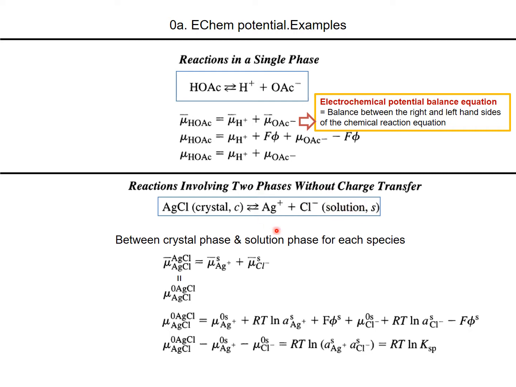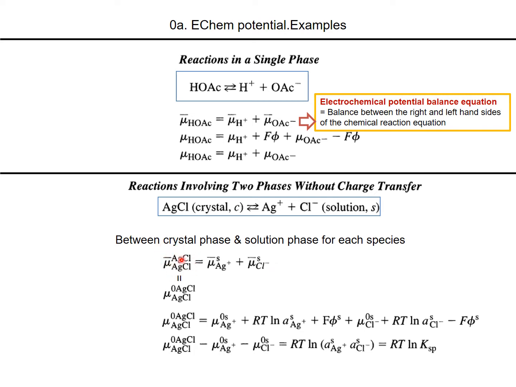So we have a solution phase and a solid or crystal phase here. Let me set up the electrochemical potential balance equation: silver chloride in the solid phase is equal to silver plus in solution phase plus chloride minus in solution phase, for the electrochemical potential.